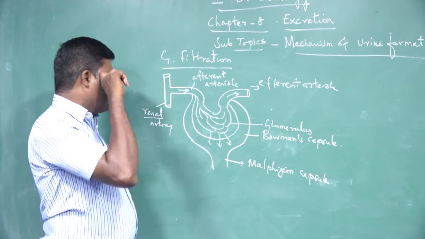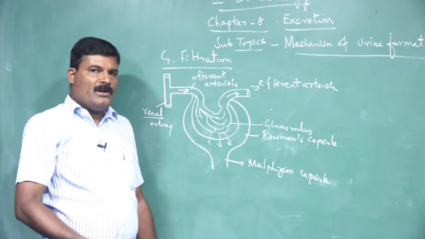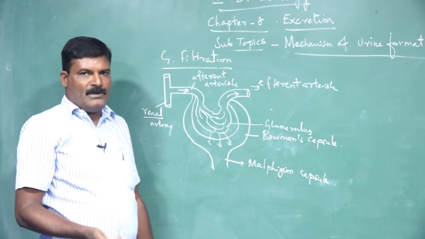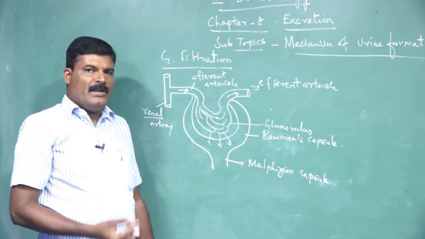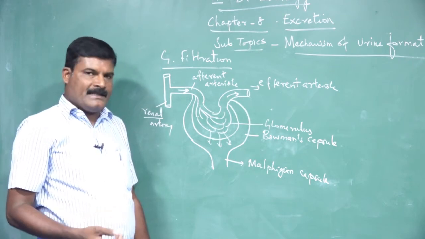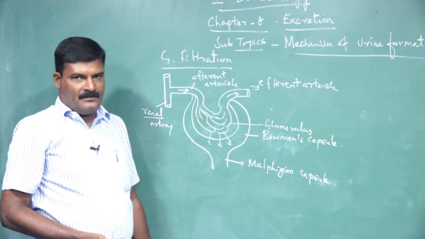Here, the blood is mostly composed of large quantities of water, plasma proteins, that means colloidal proteins, colloidal meaning large protein molecules, amino acids, glucose and other nitrogenous waste products.